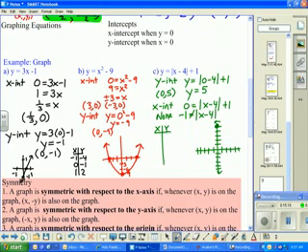This one you might want a couple more points. So maybe -1, which would give us a 6. 2, which would also, let's see, 2 minus 4 is -2. Absolute value is 2, so I get 3.